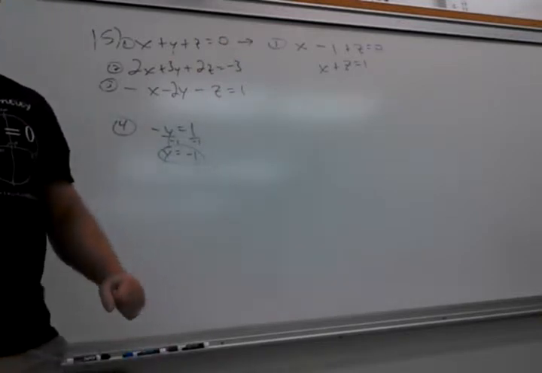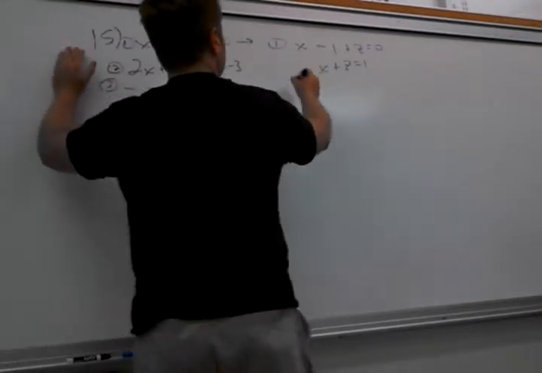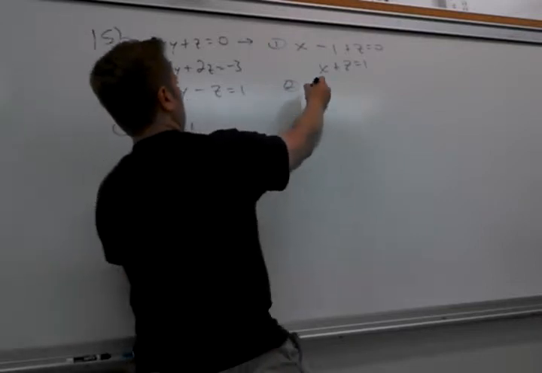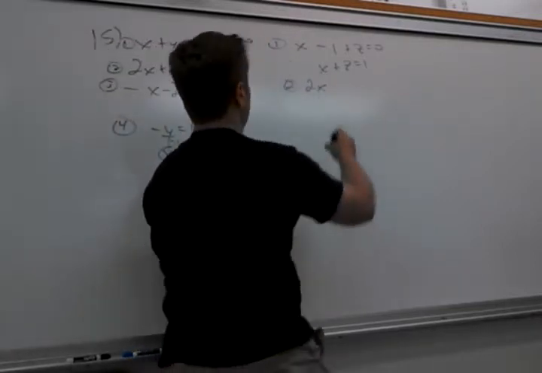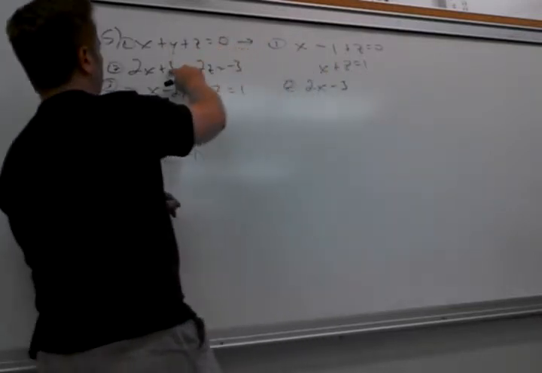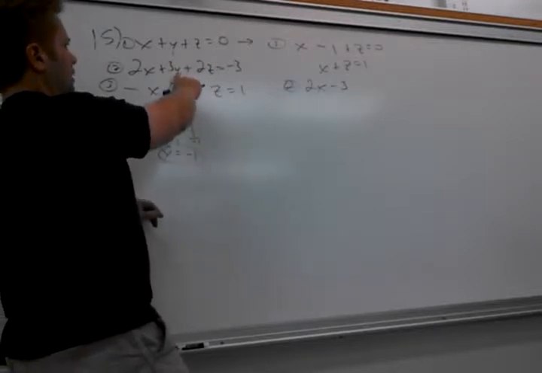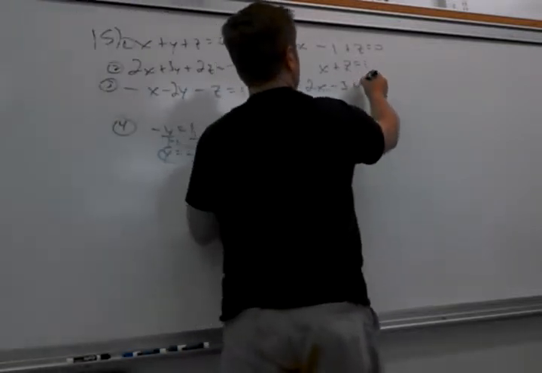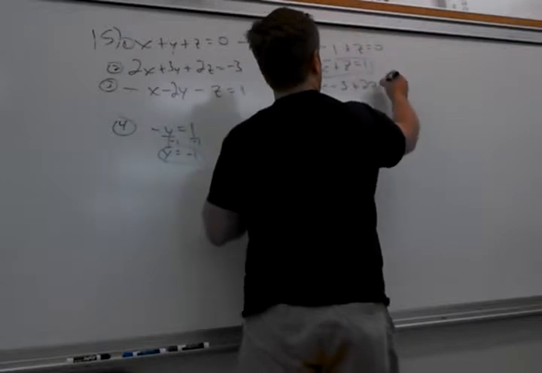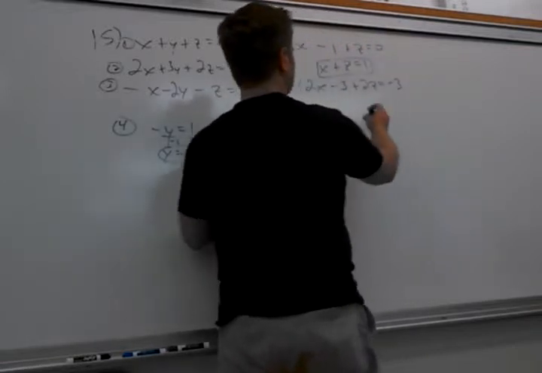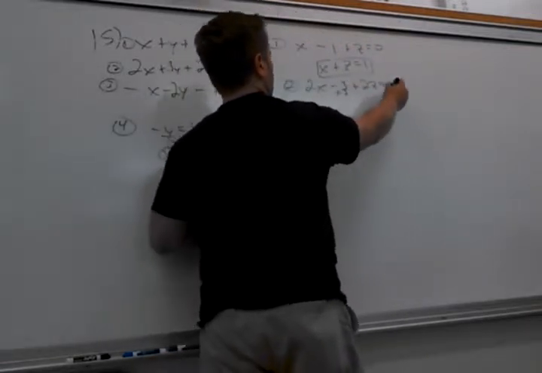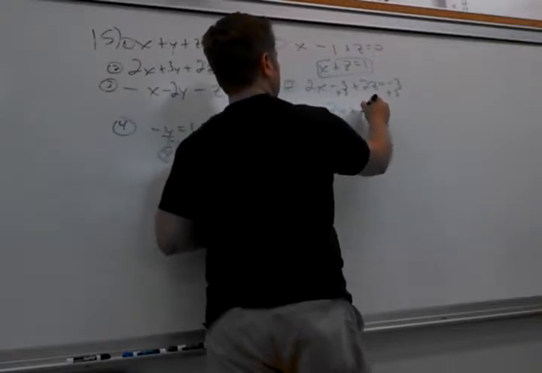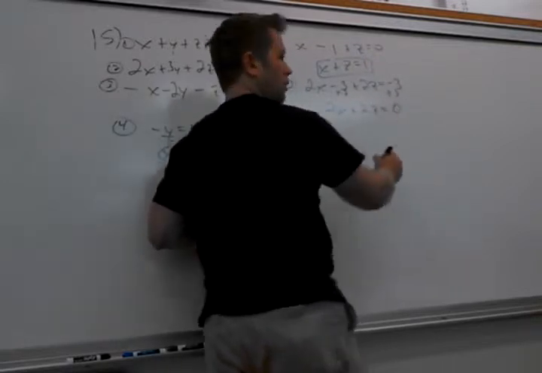That's what equation number 1 becomes. And what does equation number 2 become? Careful, 3y with y equal to negative 1 gives minus 3, plus 2z equals negative 3. If I add 3 over, I get 2x plus 2z equals 0.